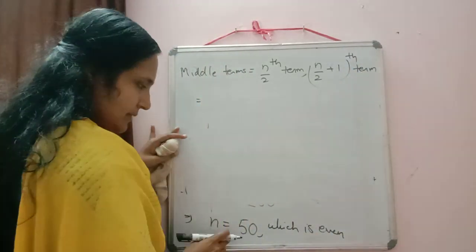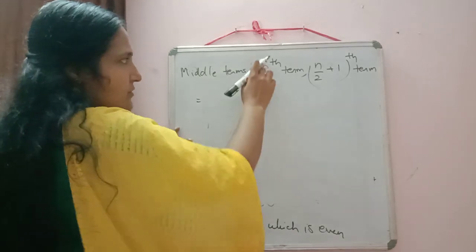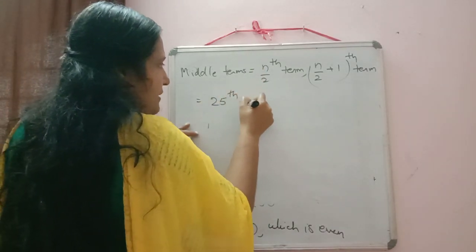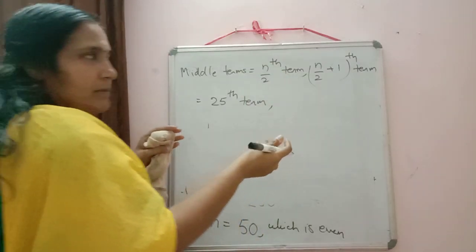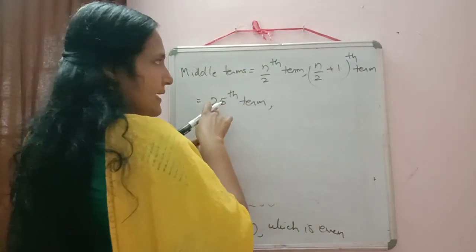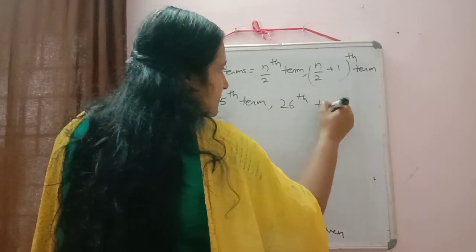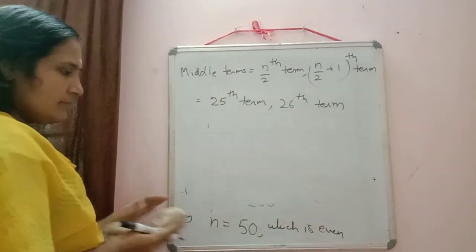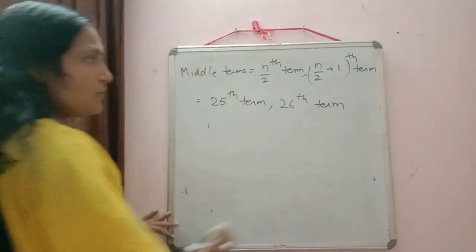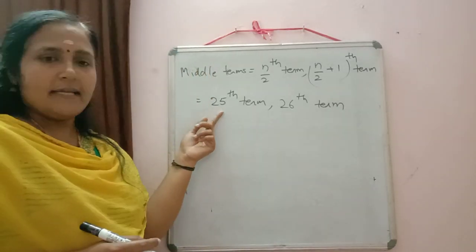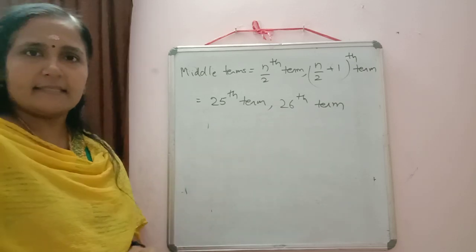So n by 2, where n is equal to 50, so 50 by 2 will be equal to the 25th term. And the next one will be n by 2, which is 25, plus 1, the 26th term. If the number of terms is even, then we have 2 middle terms, and those 2 middle terms are the 25th term and the 26th term.